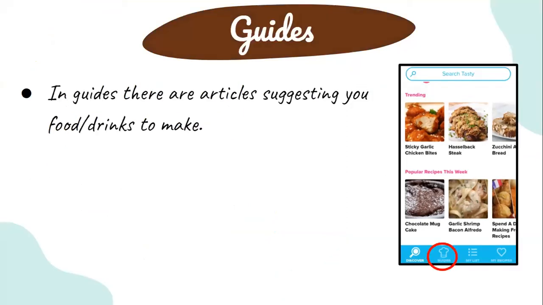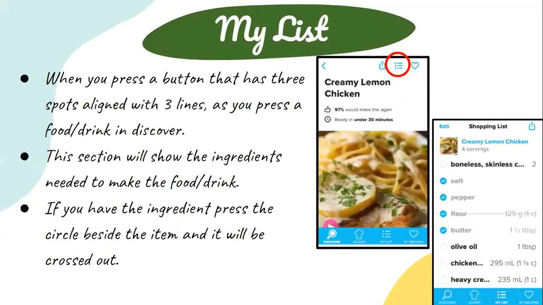The next option is the guide option, which has a symbol of a chef hat at the bottom. It also has articles suggesting food and drinks to make. Up next is the My List option.